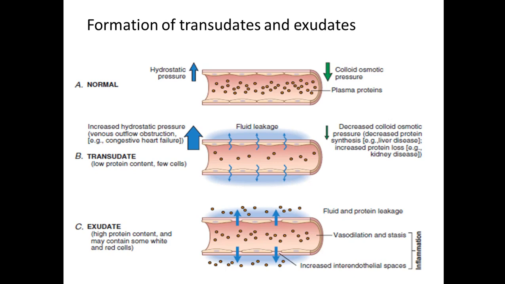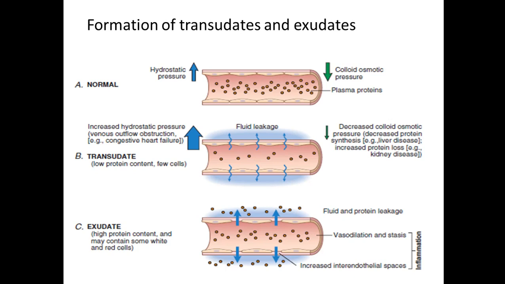But to minimize this leakage or outpouring of the fluid from the blood into the extravascular space, blood contains the plasma proteins mostly synthesized by the liver, and these proteins provide the oncotic pressure, the colloidal osmotic pressure, and this colloidal osmotic pressure will pull the fluid back into the blood.